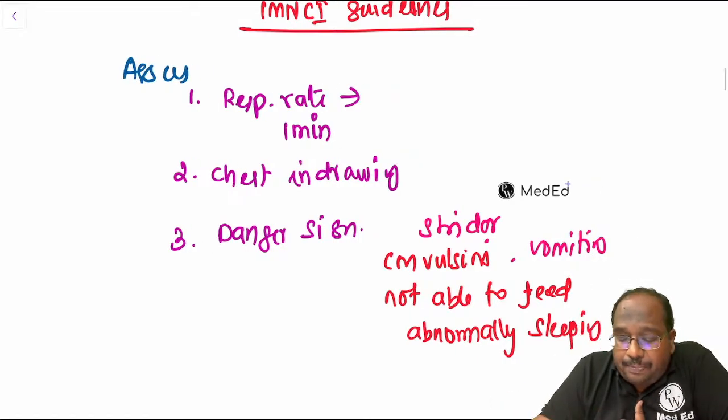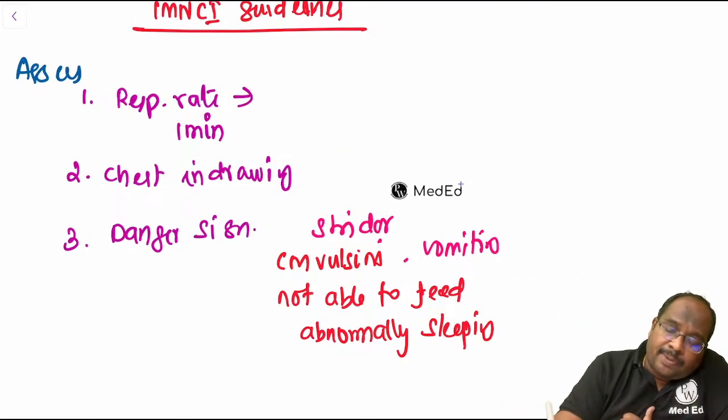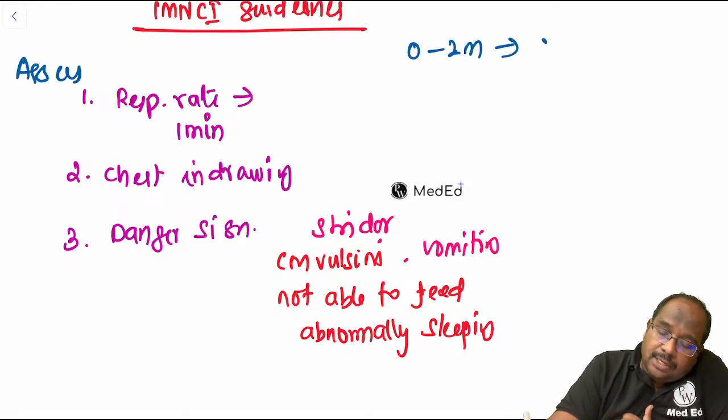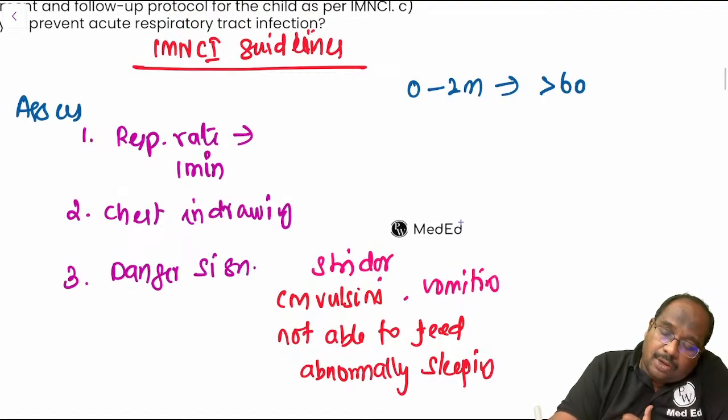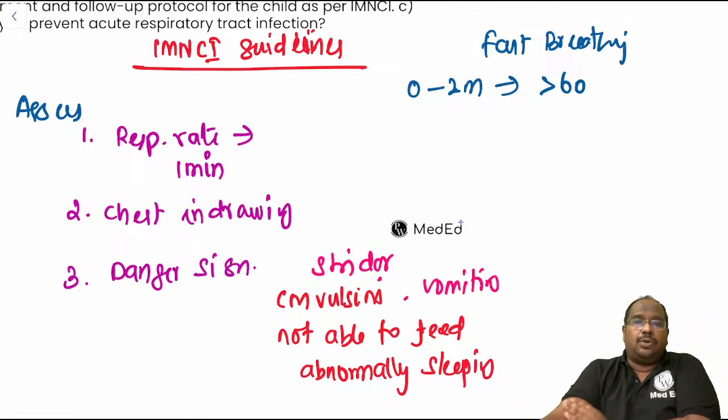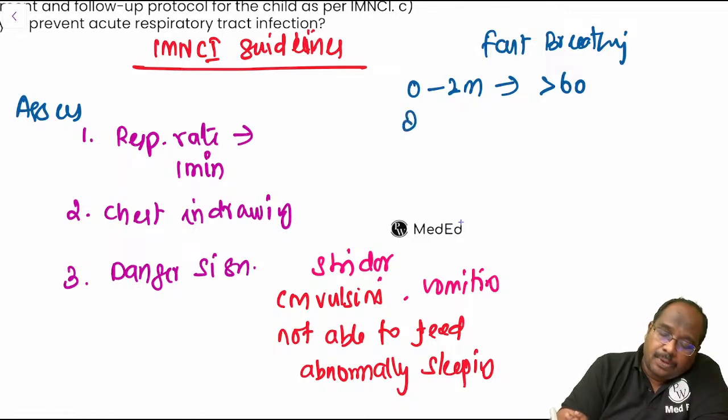Based on the respiratory rate, for a child between 0 to 2 months, if it is more than 60 you are going to call it fast breathing. For 2 to 12 months it is more than 50.